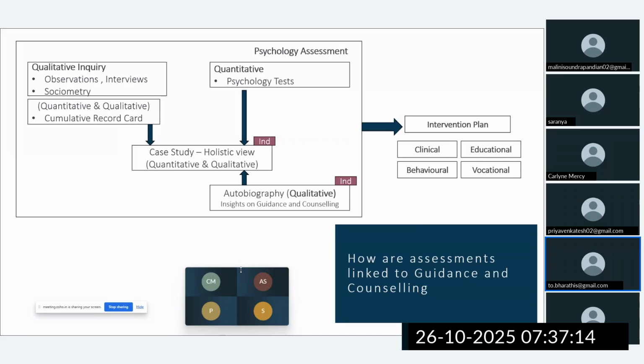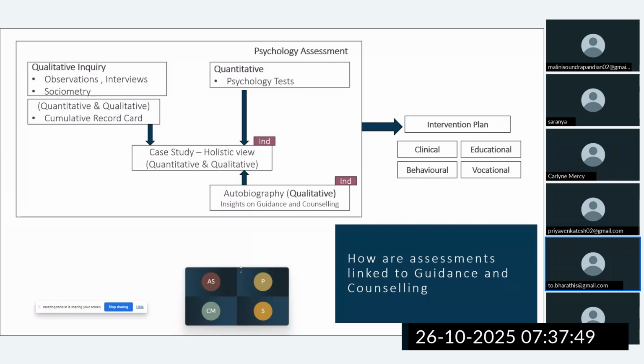Psychology assessment is a combination of multiple assessments and tests which give a holistic view for the counselor to identify what problem this client may have, either a child or an adult. How do they identify the intervention plan, which could be a clinical intervention where they may recommend them to a clinical psychologist or to a psychiatrist, or, in our case, from a guidance and education counseling standpoint, educational interventions and vocational interventions, right?